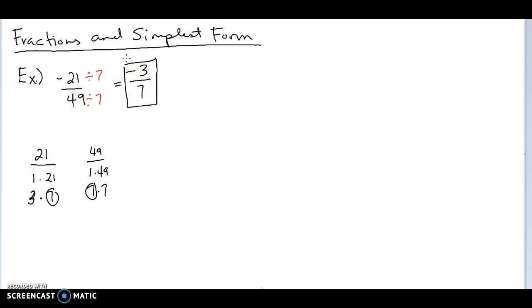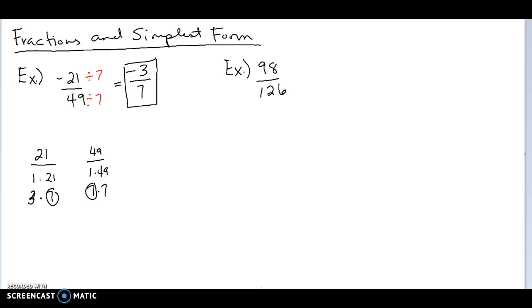So let's try that again. Let's look at 98 over 126. Now 98 over 126 is a really big number, so that may be a little bit harder for us to find the GCF, or the greatest common factor, that goes into both of them. So I can actually start off a little bit lower.